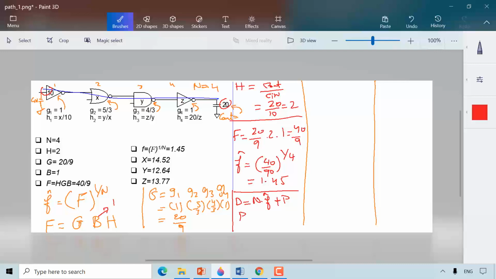P for the inverter is 1, for the NOR gate 2, here 2, and here 1. Adding 1 plus 2 plus 2 plus 1 gives 6. So D equals 4 times 1.45 plus 6. That is the delay for the path. Now we need to find the sizes.